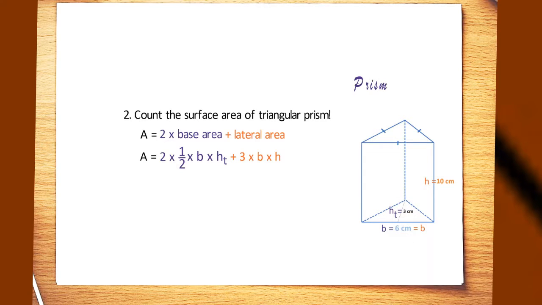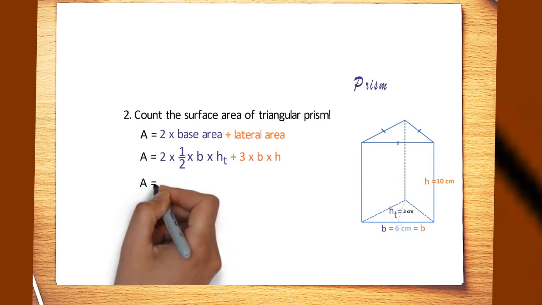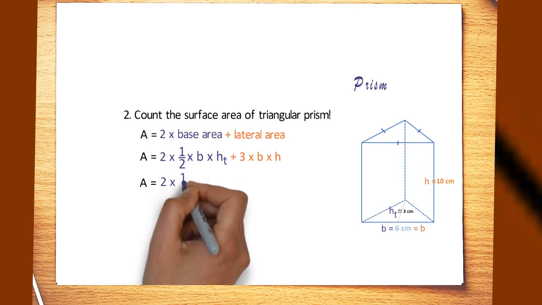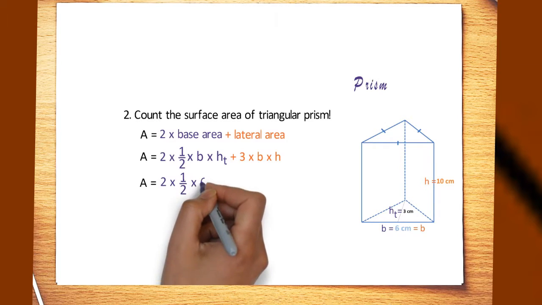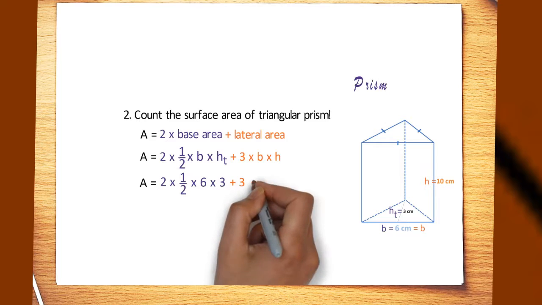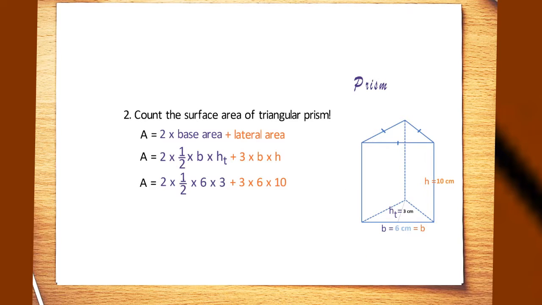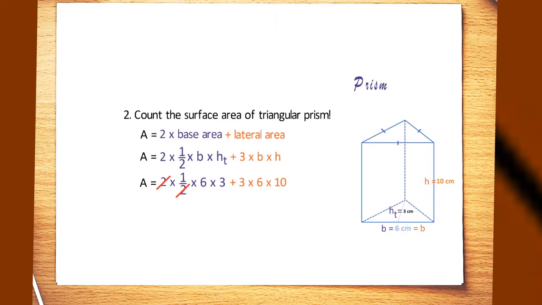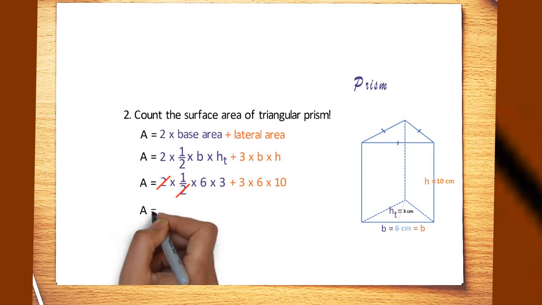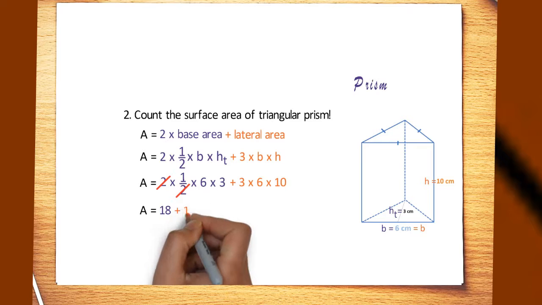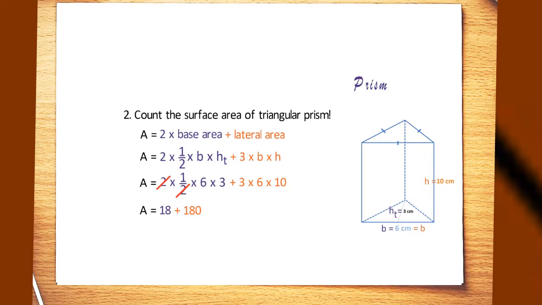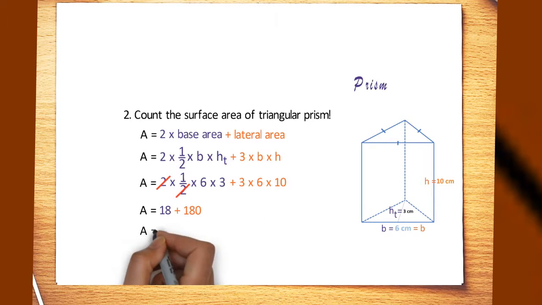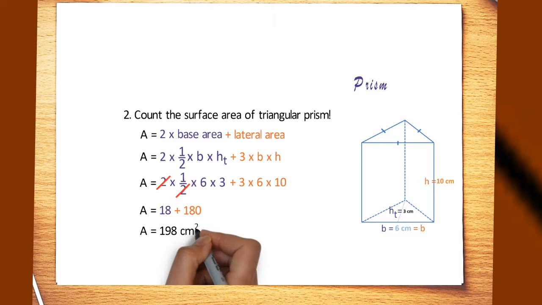This is also the base and this is the height. It's equal to 2 times half times 6 times 3 plus 3 times 6 times 10. Let's divide 2 by 2, which is equal to 1. Then it's equal to 18 plus 180. The final result is 198 centimeters squared.